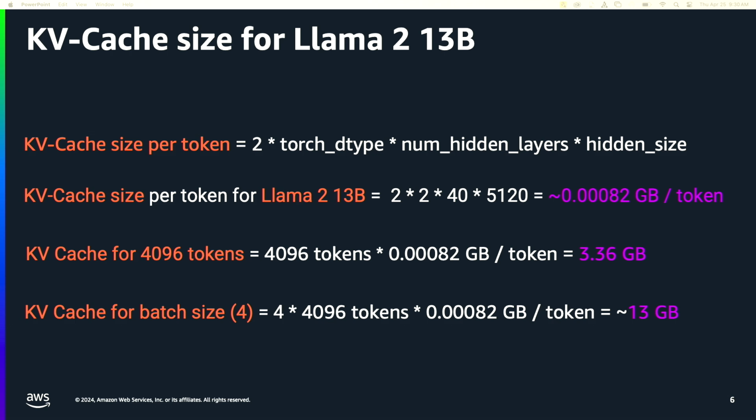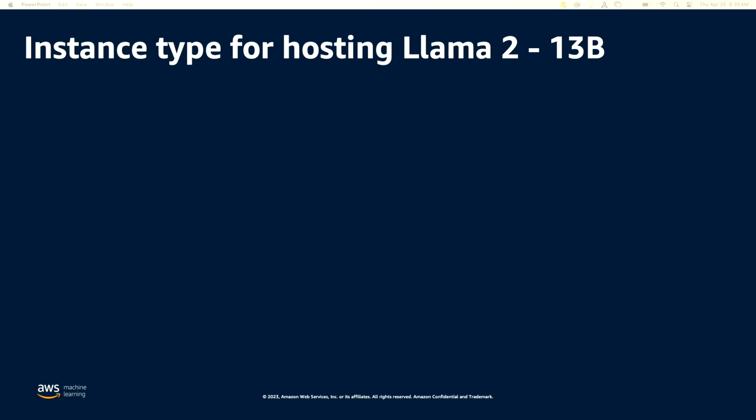In this case, let's just assume since we have more memory in the GPU, probably we should start with handling 4 concurrent requests at the same time, which comes to be almost 13 gig required just for KV cache and the autoregressive process, in addition to the model size itself.